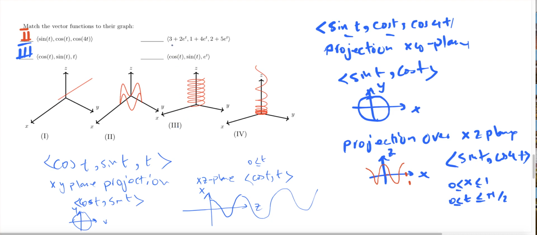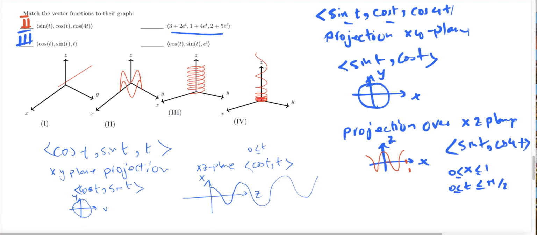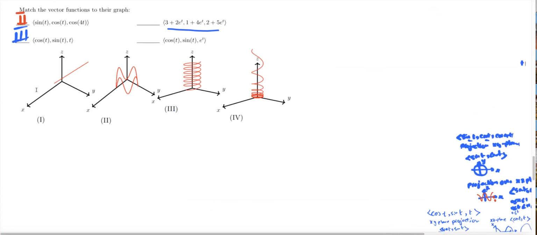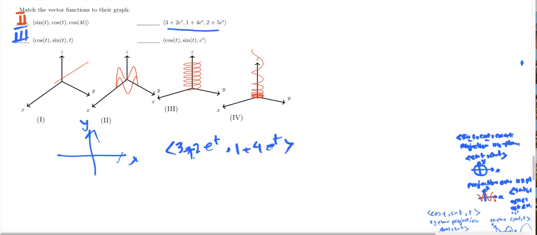That's 3. Now, what else? Let's try this one. What is going to happen in that case? If I start with the projection on the xy plane, what do I have? I have 3 plus 2 e to the power t, and 1 plus 4 e to the power t. What I need to do is eliminate t to figure out what it looks like. So I solve for e to the power t in both of them.